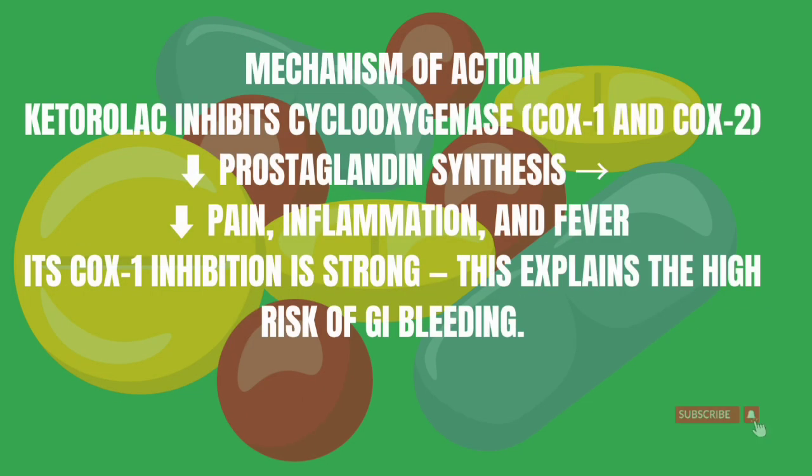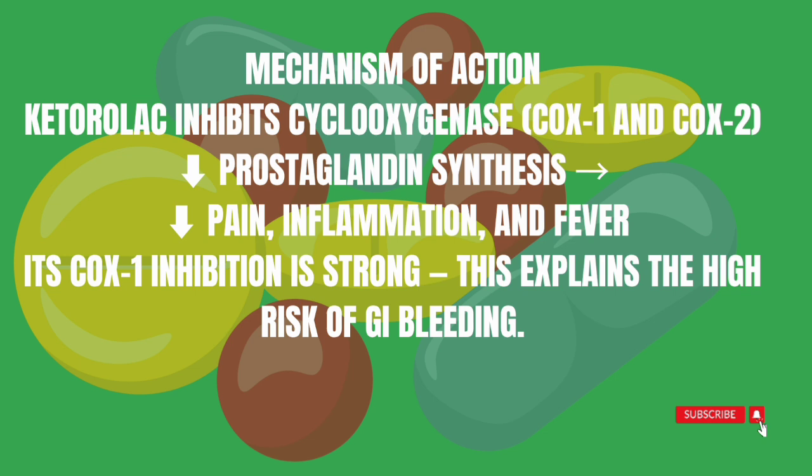So let's look at the mechanism of action. Ketorolac inhibits the cyclooxygenase enzyme, that's both COX-1 and COX-2. This leads to a decrease in prostaglandin synthesis, which will in turn lead to a decrease in pain, inflammation, and fever. Now, its COX-1 inhibition is very strong, and this explains the high risk of gastrointestinal bleeding.